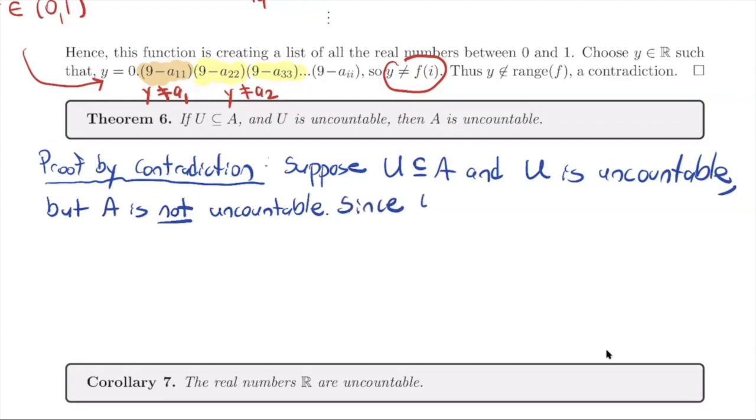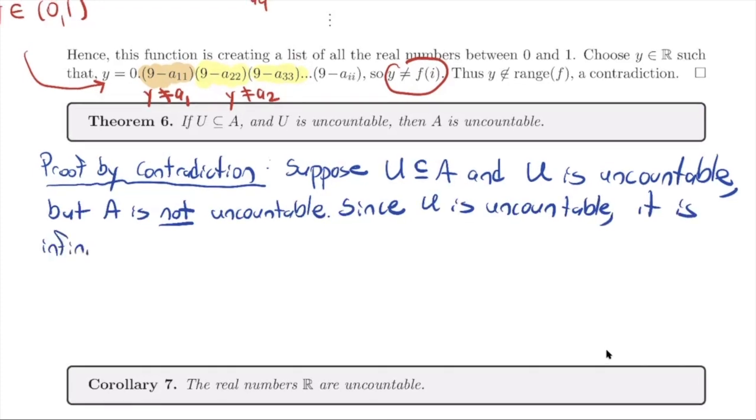Okay, since U is uncountable, first of all, it has to have an infinite number of things. If it had a finite number of things, then it would be countable. And if U is infinite and it's a subset of A, then A has to be infinite.